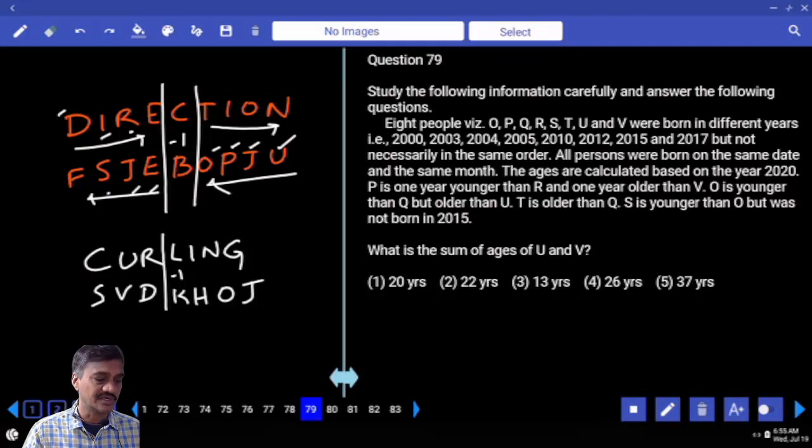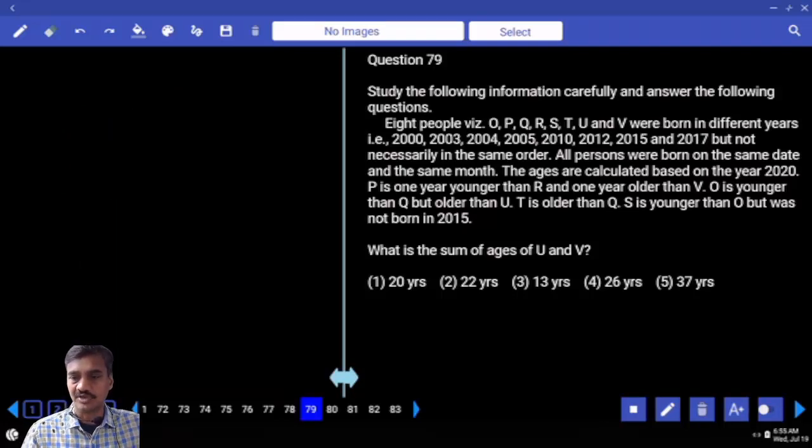Then the next one, 79 onwards, is based on years. There are 8 people born in different years.